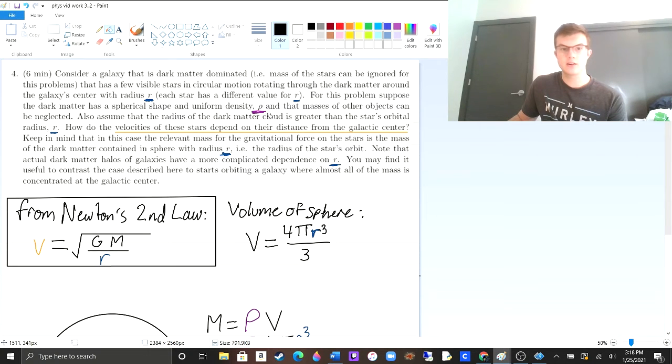That is a sphere with radius r, and the density of that sphere is p. So wherever the star is is the radius of that sphere of dark matter.